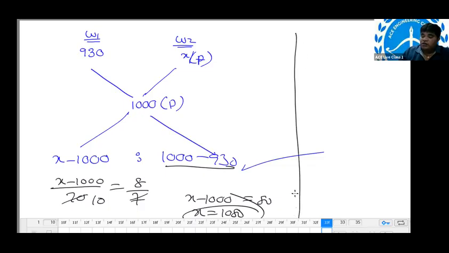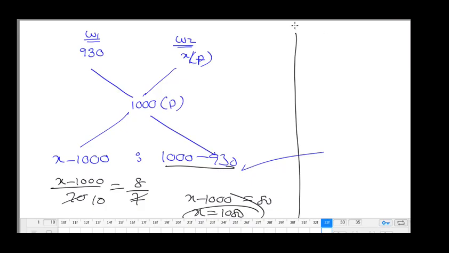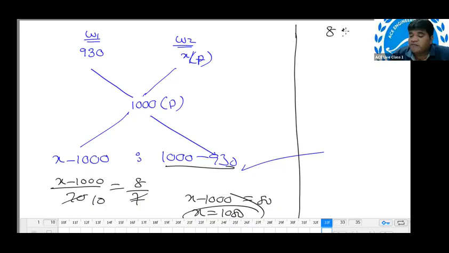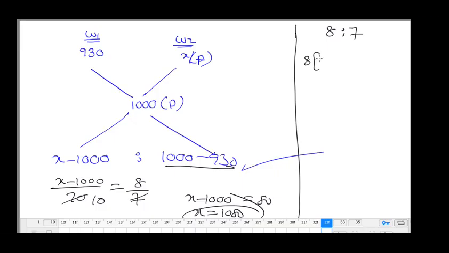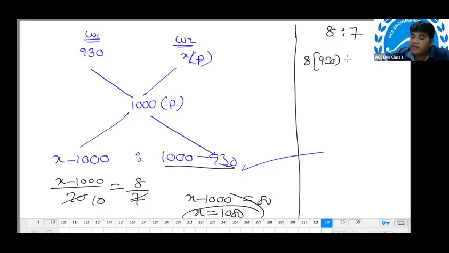Next, the general method. Can I explain? Sir, please explain that method also. General method: 8:7, what is the meaning? It means two weights are mixing in the ratio of their corresponding quantities. 8 into each kilo cost, which is 930 paisa, and 7 into each kilo cost, not given.